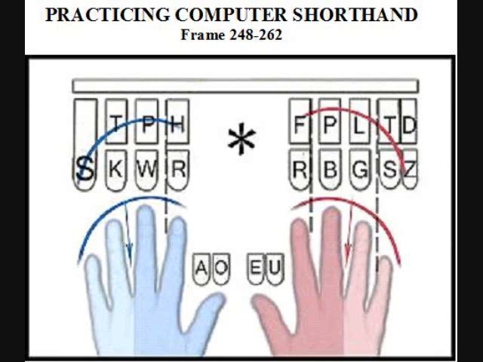I should, you should, he should, she should, it should, we should, they should, this should, that should, there should, these should, those should, which should.